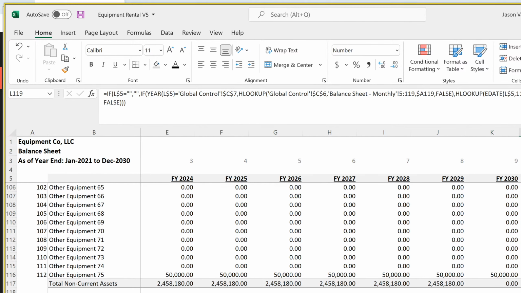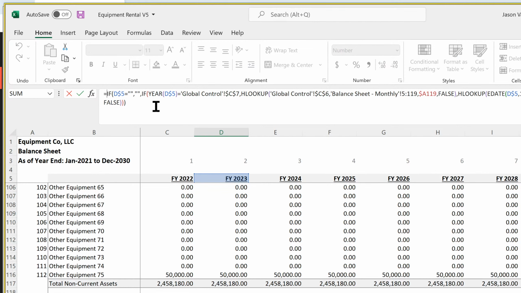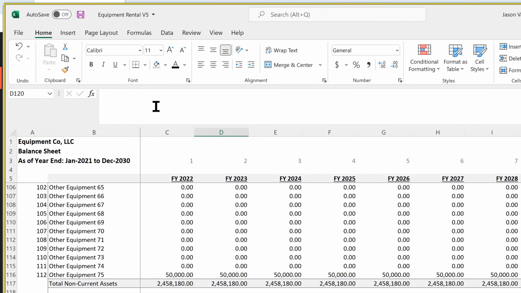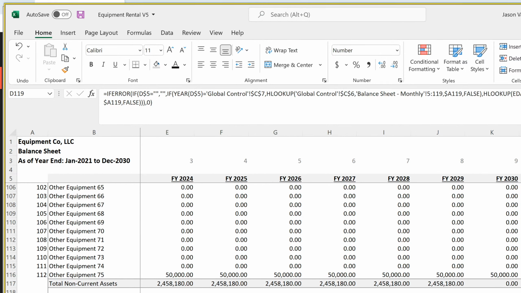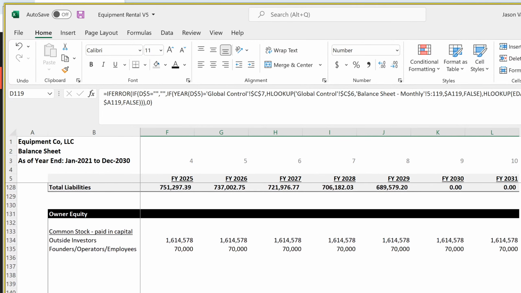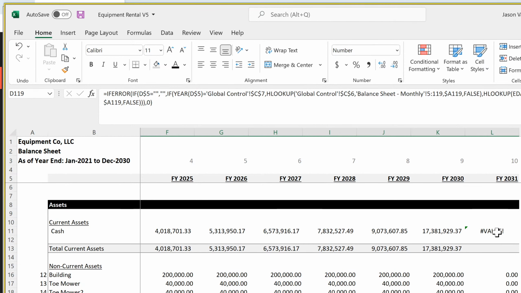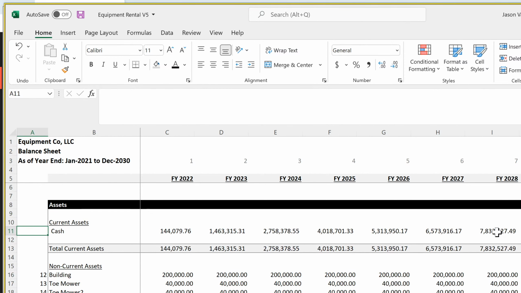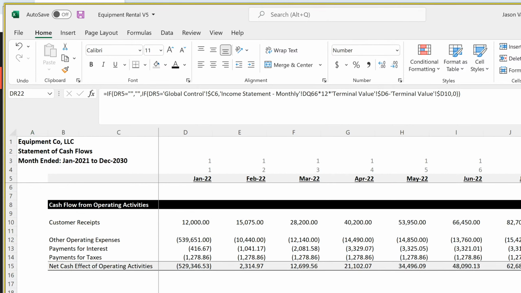Still got an error here. Drag this over. Okay, still got an error. From the cash flow statement.